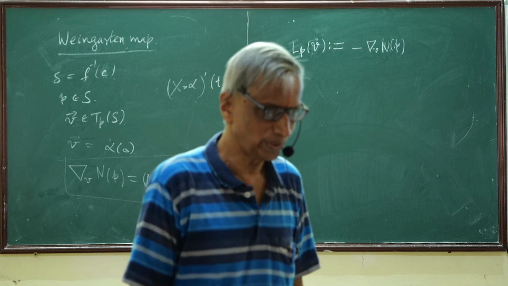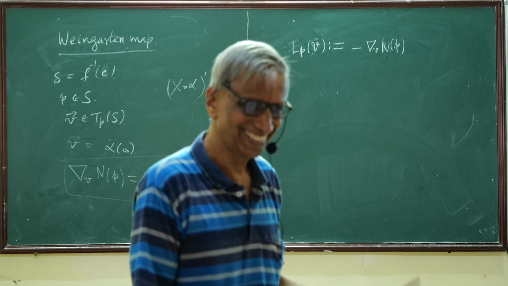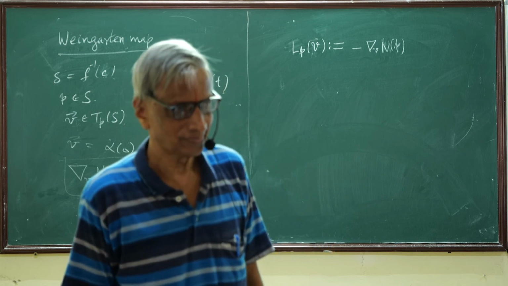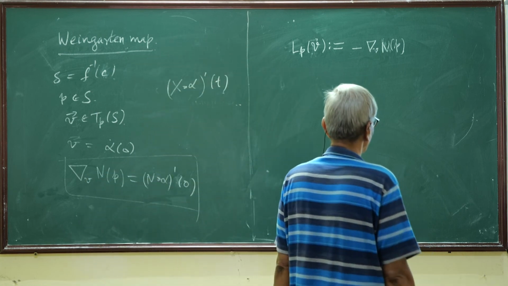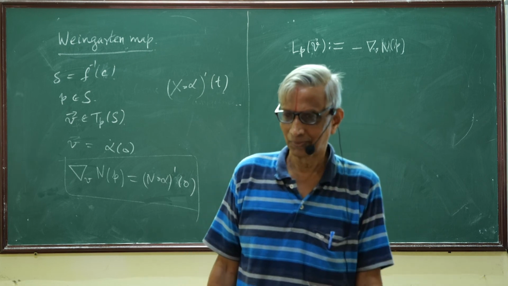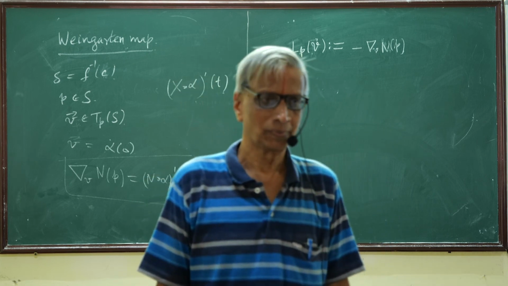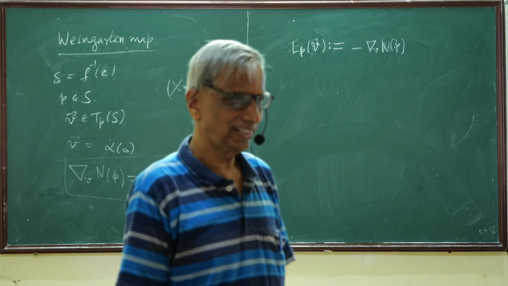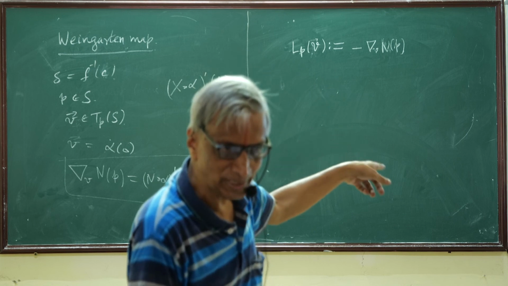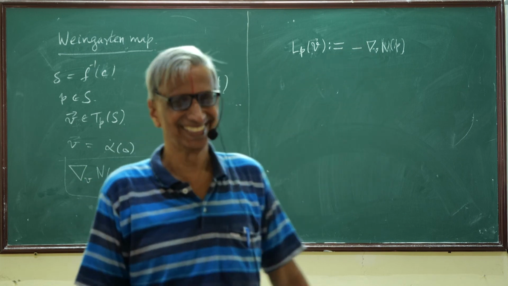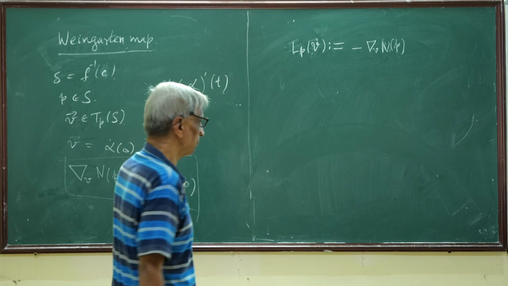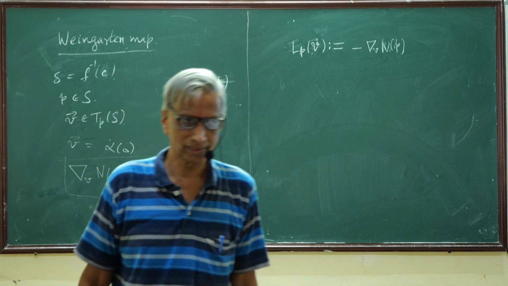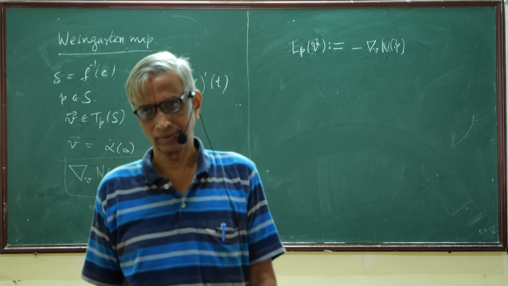So maybe that's a good point to stop, right? Just see what object is that. So one would like to ask, what kind of animal is there on the right hand side? Is it a tangent vector again, or what is it?